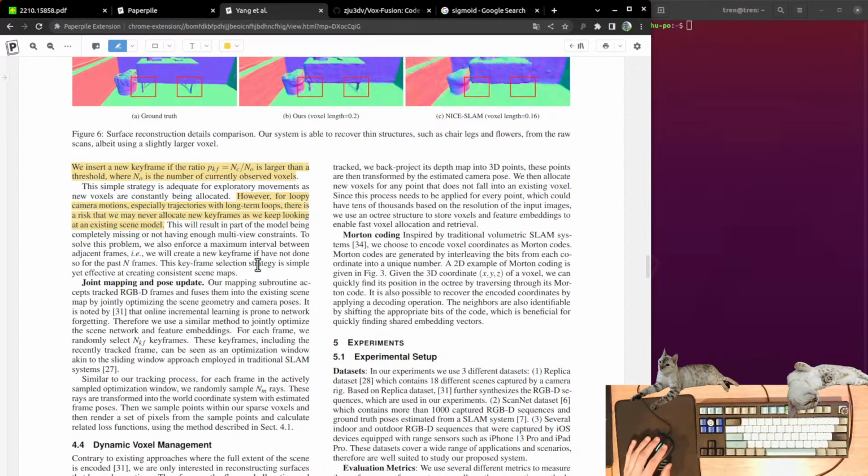But you could get to a point where you never allocate new keyframes, never re-update the global model, because as far as your system is concerned, you're not really moving, you're not intersecting any new voxels, therefore this tuned ratio is always going to prevent you from adding new frames to the map.